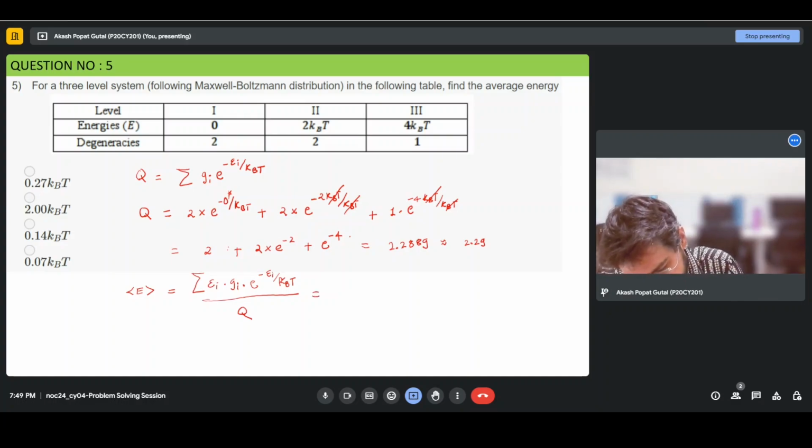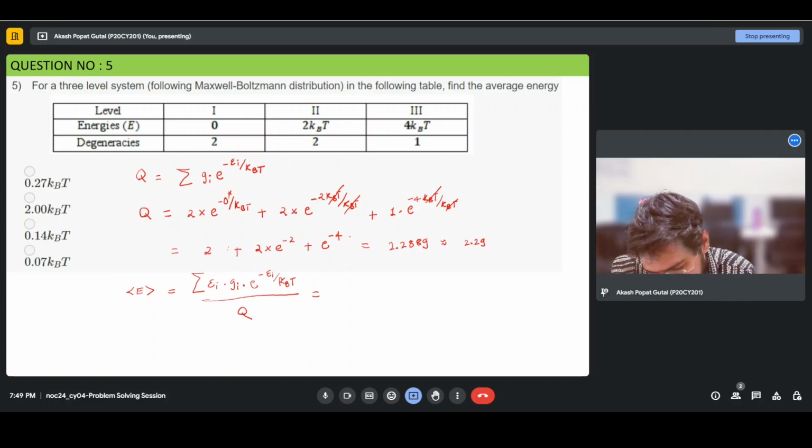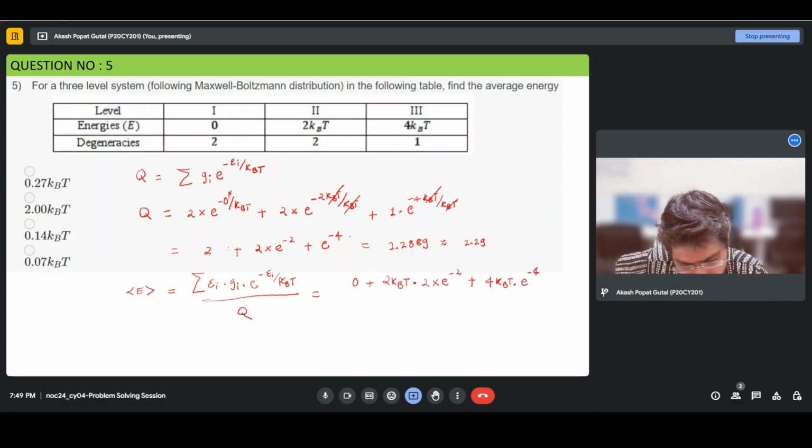So what we'll get: the first energy level has energy 0, so it will be 0, plus the second, 2 kBT into 2 into e raised to minus 2, plus 4 kBT into 1 into e raised to minus 4, divided by 2.29.